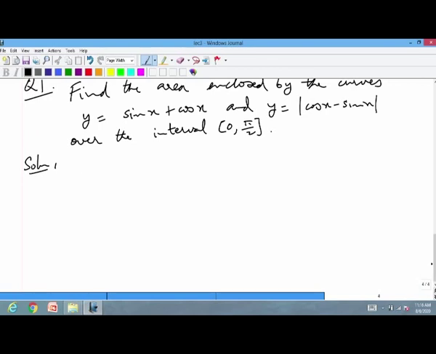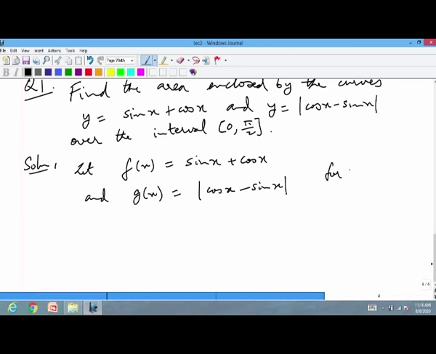So, let f(x) denote the first function sin x plus cos x and g(x) be mod cos x minus sin x, for x belonging to 0 to pi by 2. In the interval 0 to pi by 2 both sin x and cos x are non negative.